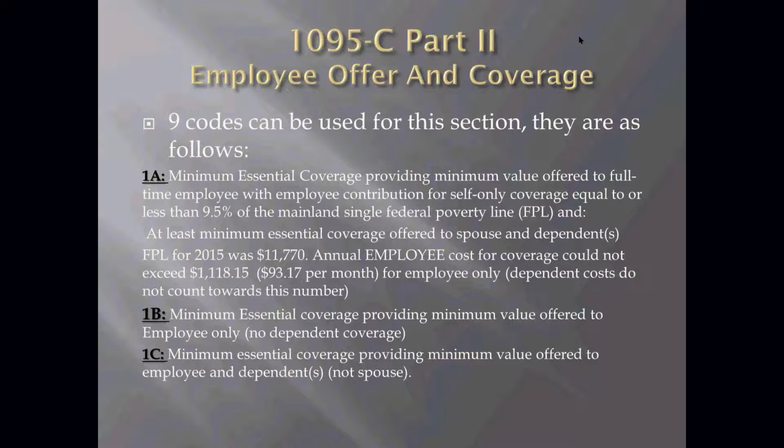Code 1B is minimum essential coverage providing minimum value only to the employee. So if your coverage is employee only, but provides that minimum essential coverage, which everyone's coverage does who's on the call, and you haven't offered coverage to dependents, then you can use Code 1B. 1C means your plan allows the employee only or the employee plus children without spouses allowed coverage.